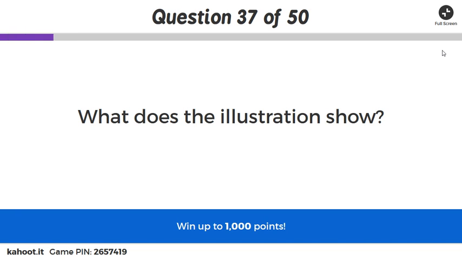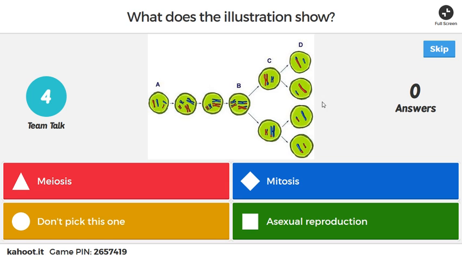So what does this illustration show? So here we have an illustration. What is this? So here we have 1, 2, 3, 4 cells at the end. That is kind of a giveaway.